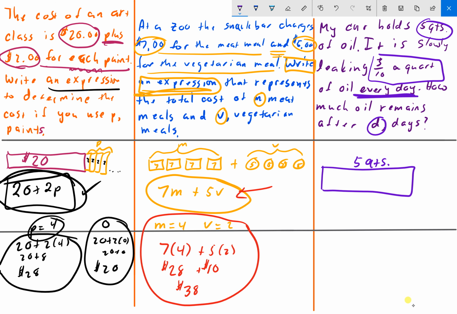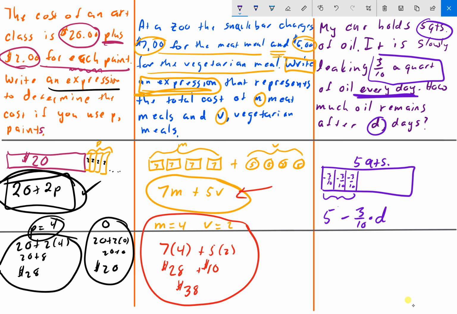All right, well, after 1 day, I've lost 3/10 of a quart. After 2 days, I'm going to lose another 3/10. After 3 days, I'd lose another 3/10, and so on and so on. But I don't know how many days I have, so I'm losing 3/10 every day. So it's going to be 5 quarts minus 3/10 times the number of days.